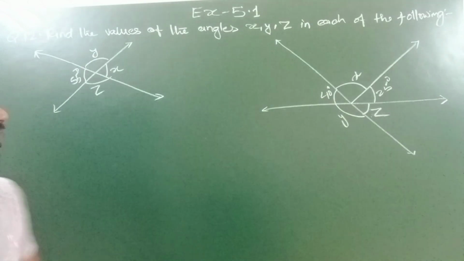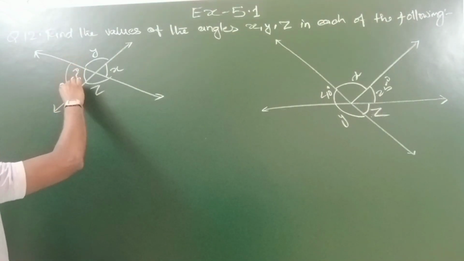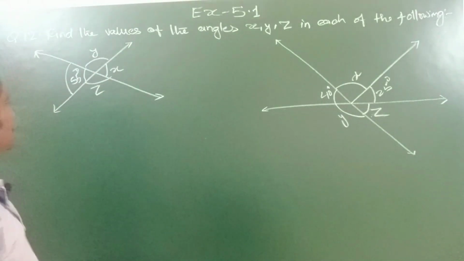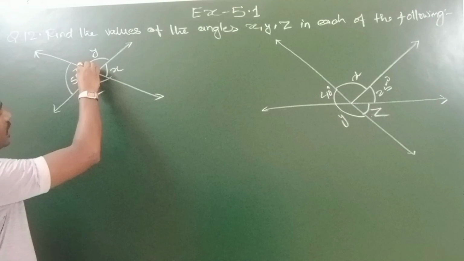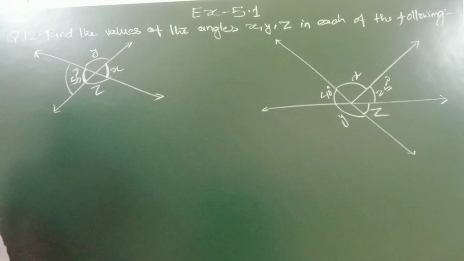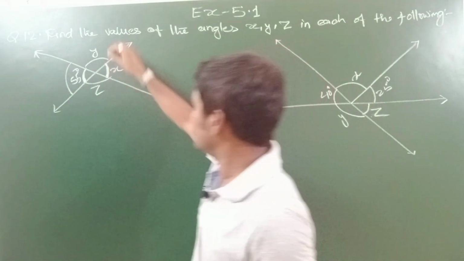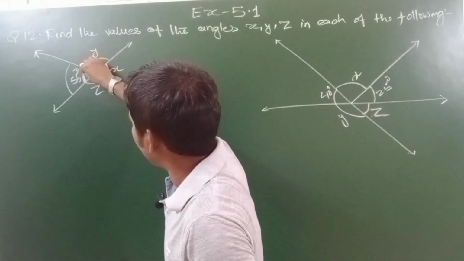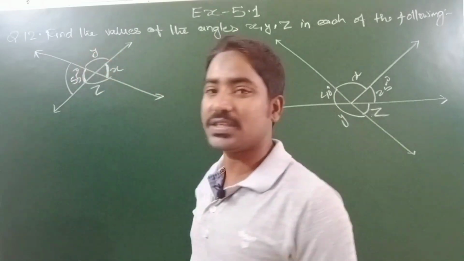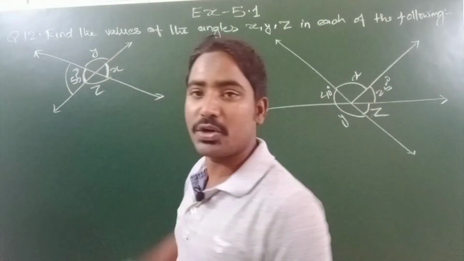So here in the first figure, as you can see, this angle has been given as 55. This angle is the vertically opposite angle of this angle x. Can you see it, students? This angle 55 and x are vertically opposite angles, so this angle will be equal to x.